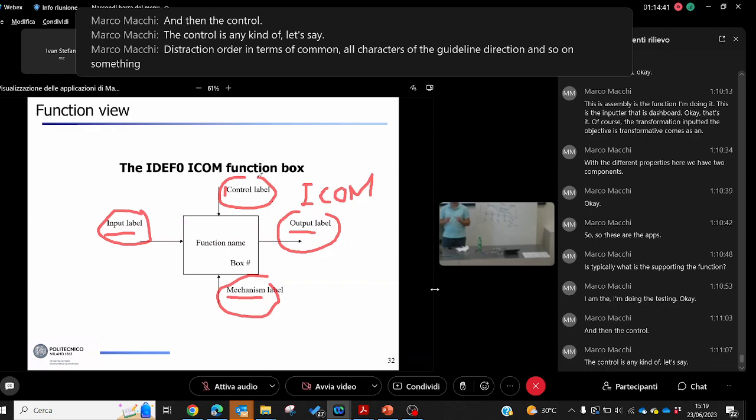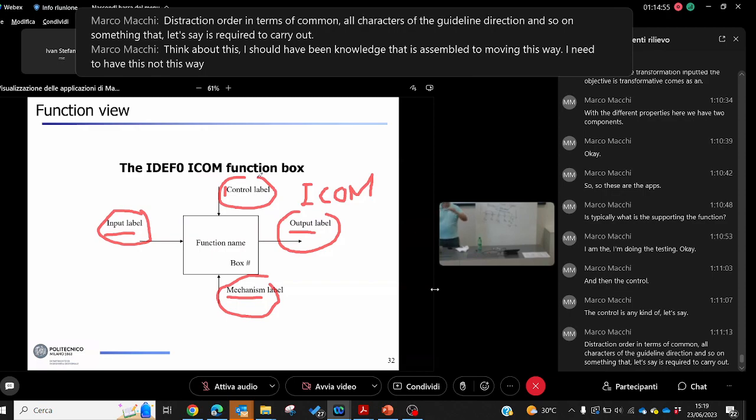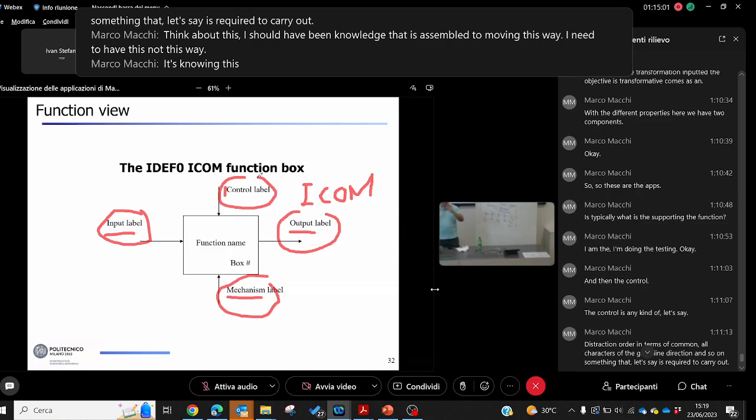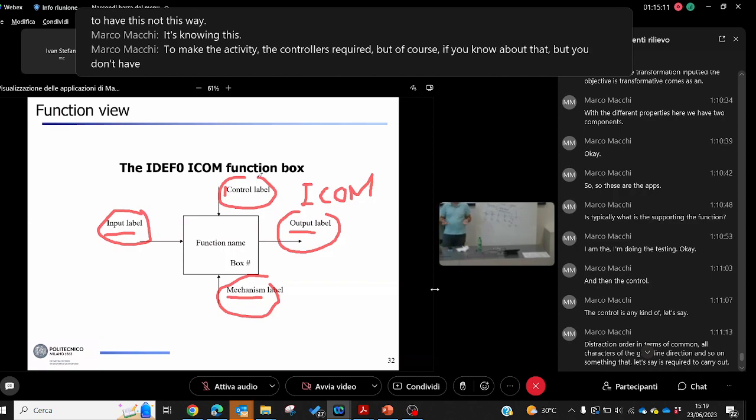Something that is required to carry out the function. Think about this. I should have the knowledge that to disassemble, I have to move in this way, not this way. Knowing this enables the activity, so the control is required. But of course, if you know about that, but you don't have me in the activity, I cannot disassemble.